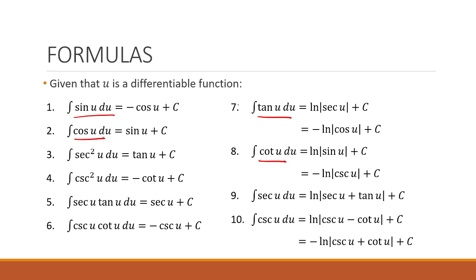Tapos 7 and 8 can be obtained by using the ratio identity ng tangent and cotangent. Tapos for secant and cosecant, medyo relatively difficult ang pag-prove ng formulas or pag-obtain ng formulas. So let's see. Try natin first ang tangent.